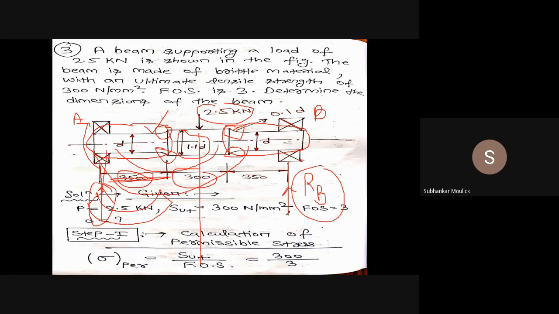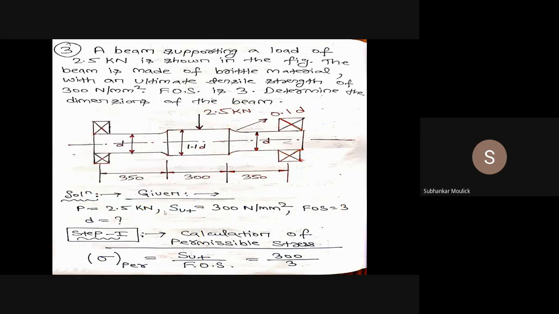Fine. Okay. So the very first step is calculation of permissible stress for the problem. How can we calculate that permissible stress? We know that since factor of safety is given, factor of safety is equal to failure stress by allowable stress.